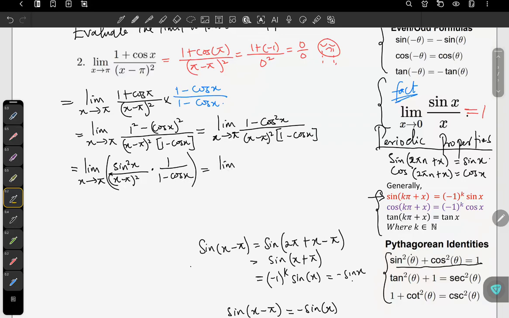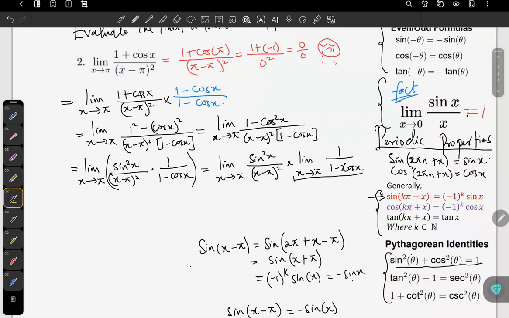So this is the limit as x approaches pi of sine squared x over x minus pi squared, times the limit as x approaches pi of 1 over 1 minus cos x.